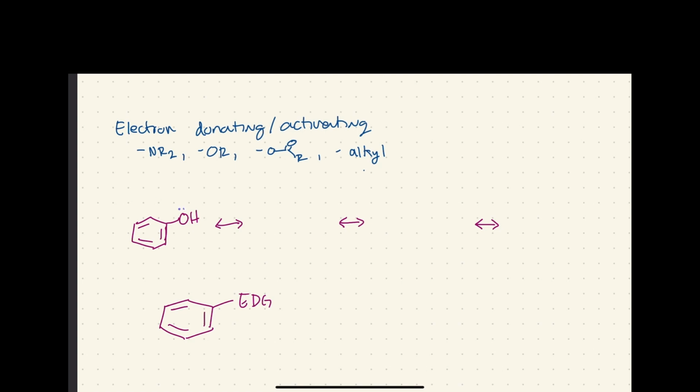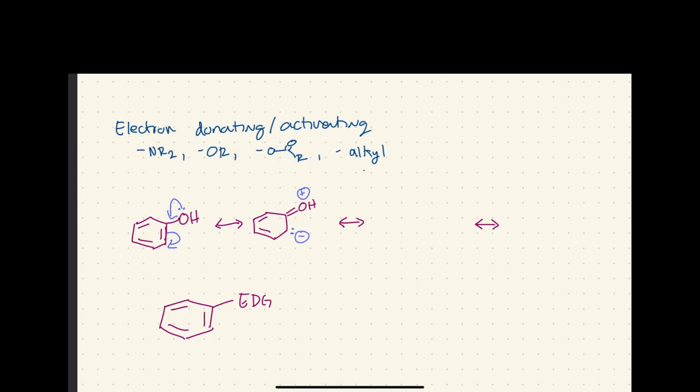And so if I look at this lone pair on the oxygen, I see that I can push these electrons towards the ring and then onto this carbon. Let's go and create a resonance structure that looks like this, where these electrons have ended up here. And I still have my double bonds. This is going to give the oxygen a positive charge and this carbon a negative charge because it has a lone pair.